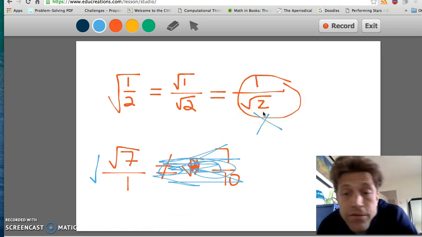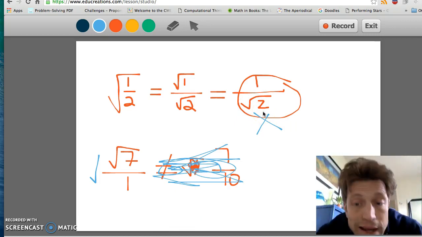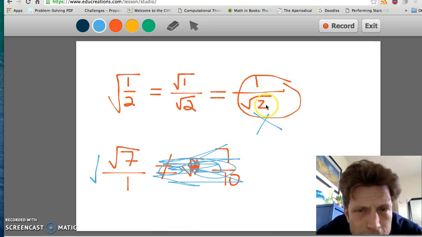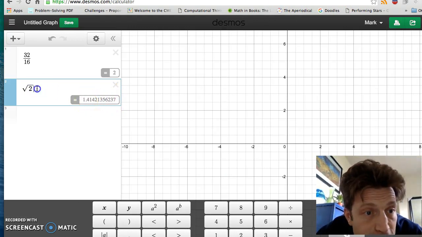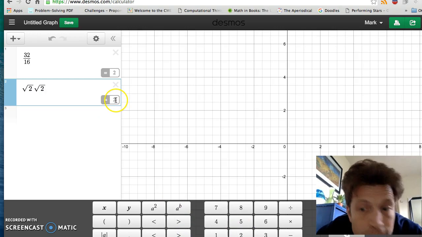Square root of 2 is a weird, funky number, and if we want to rationalize it, we have to use the only simple thing we know about it. It's 1.414. I showed it to you over here. It goes on for a long time, a very complicated number. But if I multiply it by itself, it suddenly becomes less complicated. Now it's just 2. So that's what I'm going to do.